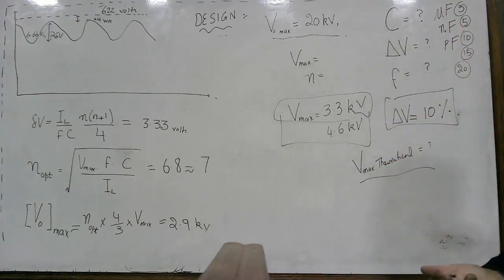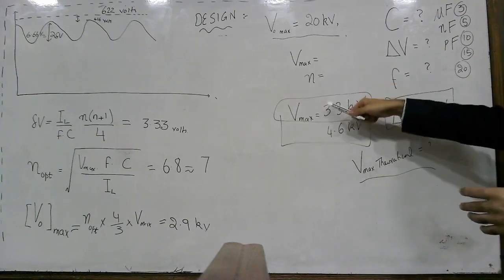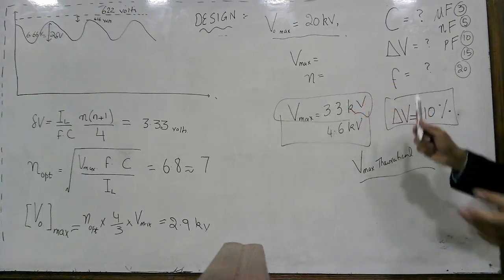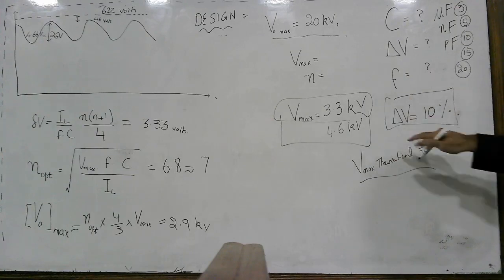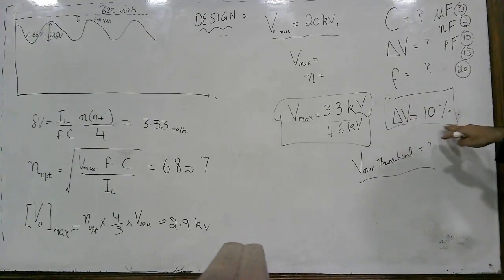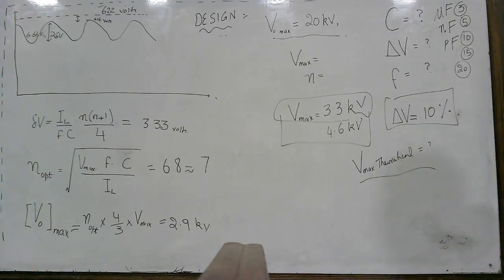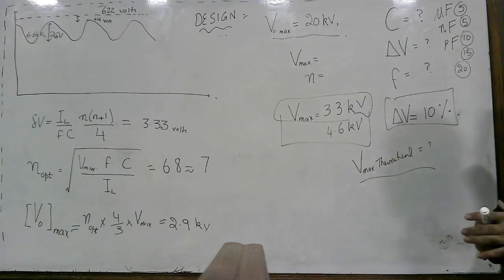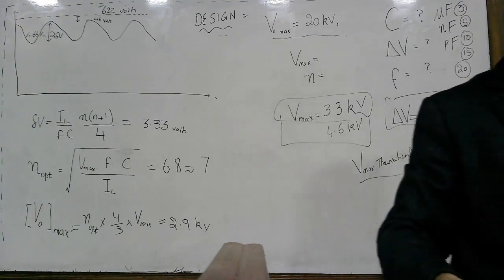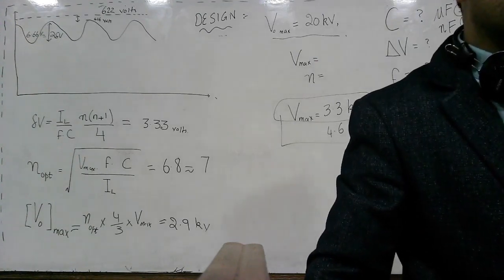When you start from scratch, you have to choose some values. Delta V, I have told you, is the standard, you can take up to 10%. Other values you may choose practically. So these are the design and analysis of the Cockcroft-Walton multiplier circuit. Regards and thanks.